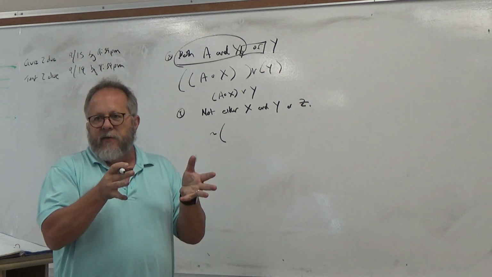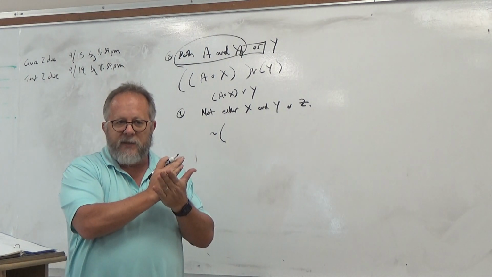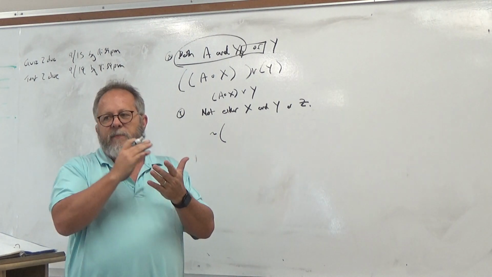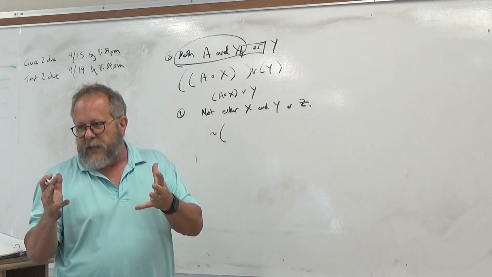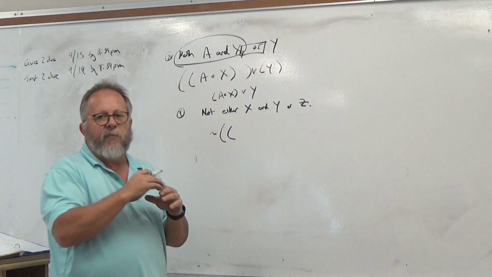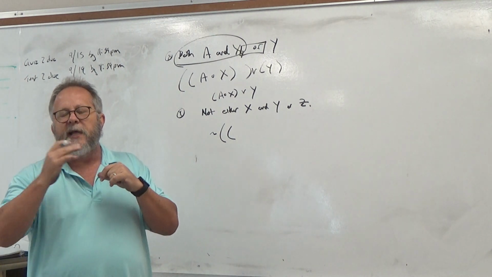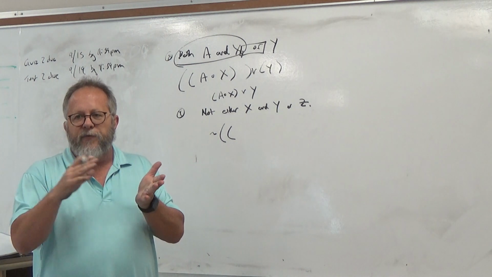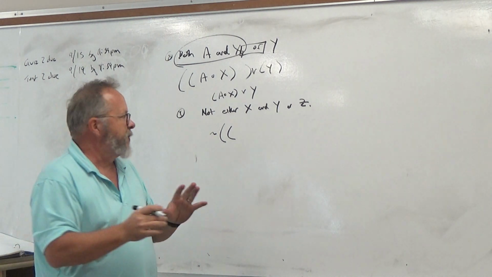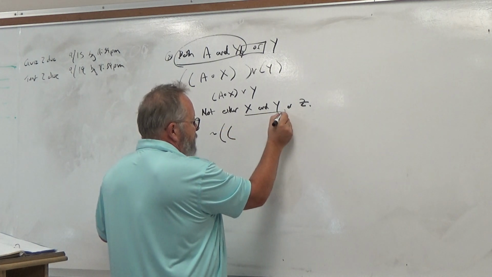But ors have 2 disjuncts, and the disjunct might be one single statement constant, or it might be a bunch of junk, right? So I'm going to put another parentheses up to keep all of the first disjunct of the or together. So until I hit the or, all of the following stuff is the first disjunct. So there's the or.